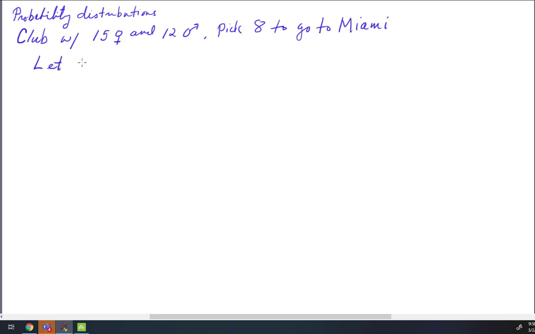So what we want to do is let x equal the number of women in the sample, a better word would have been the group going to Florida.